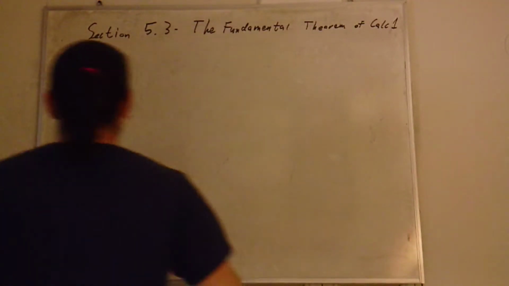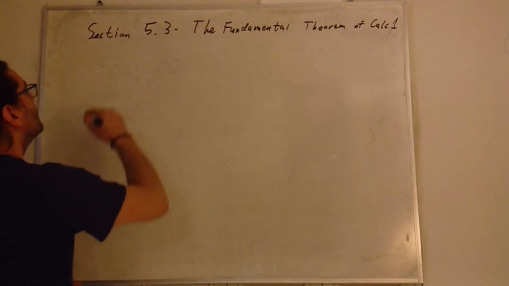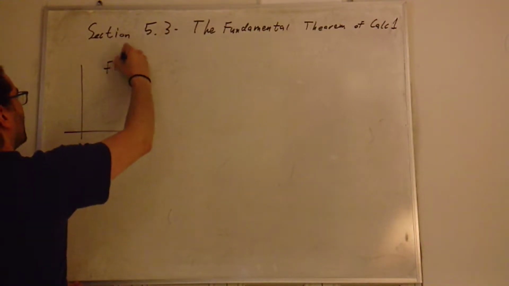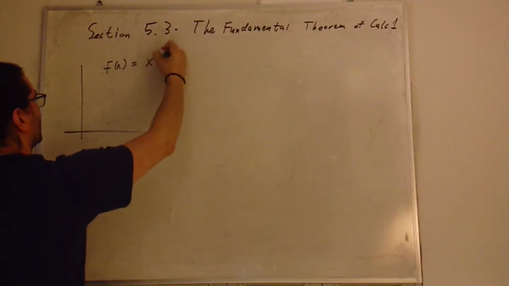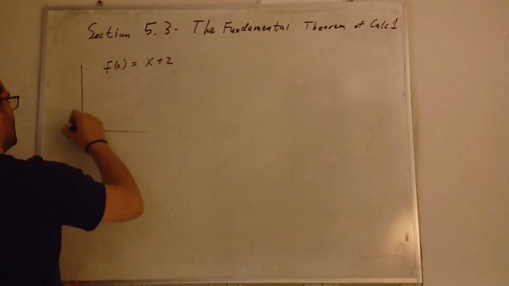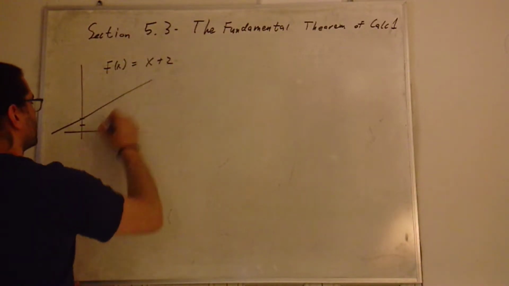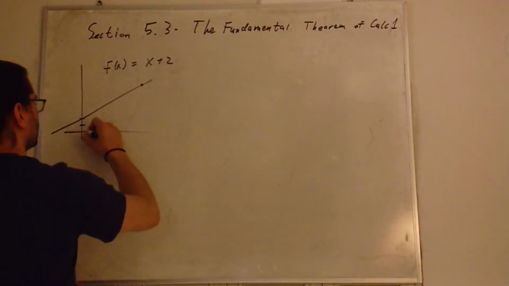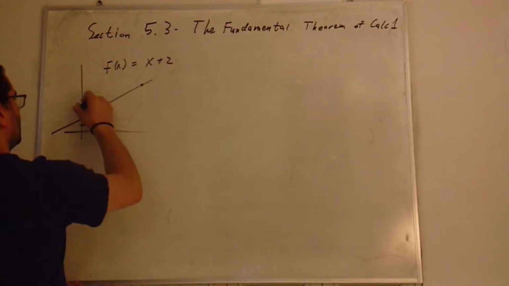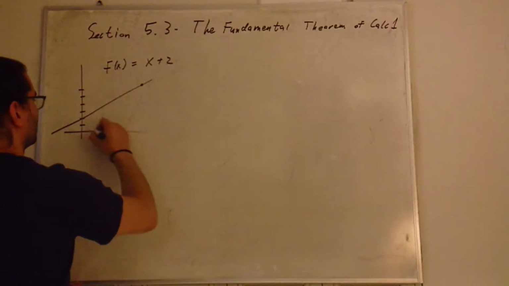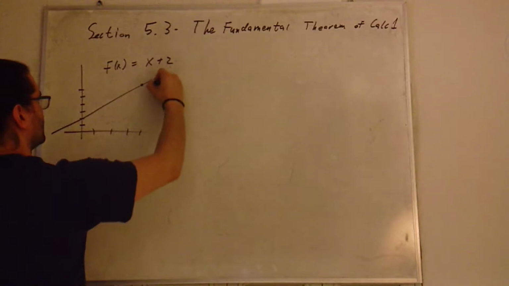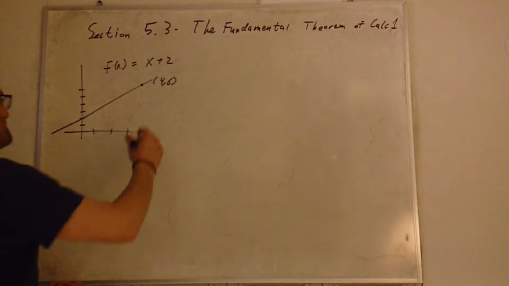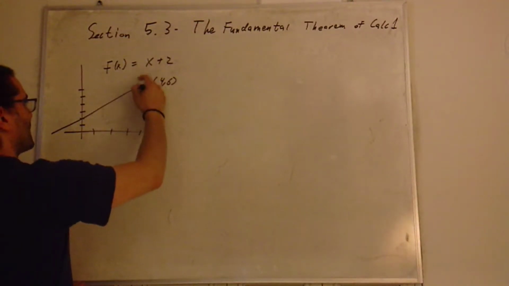First, I'm going to start with a pretty standard looking function. Let's do f of x equals x plus 2. That function looks like this. We'll say this is 6, maybe? This is 4 comma 6. I don't need it to be 4 6.